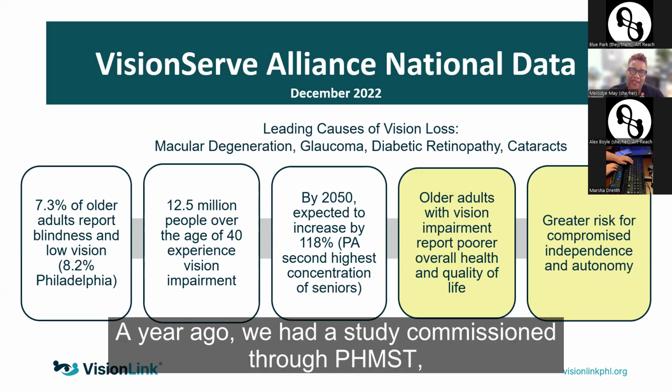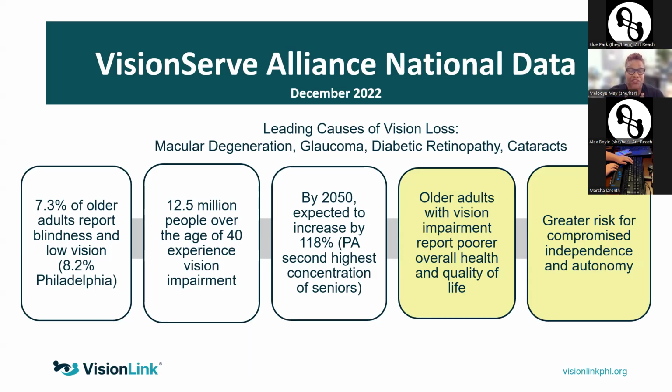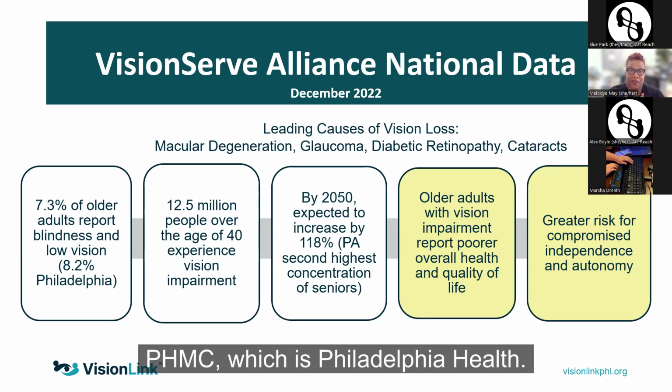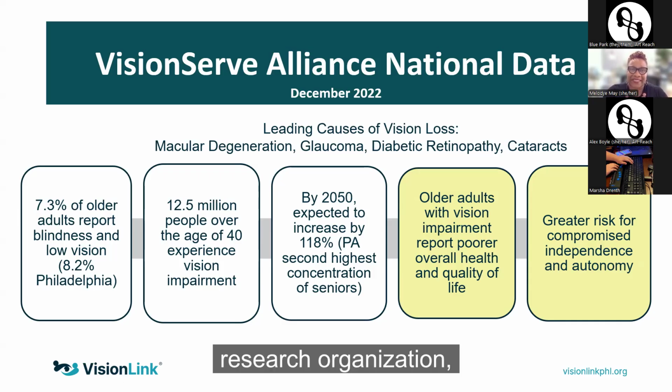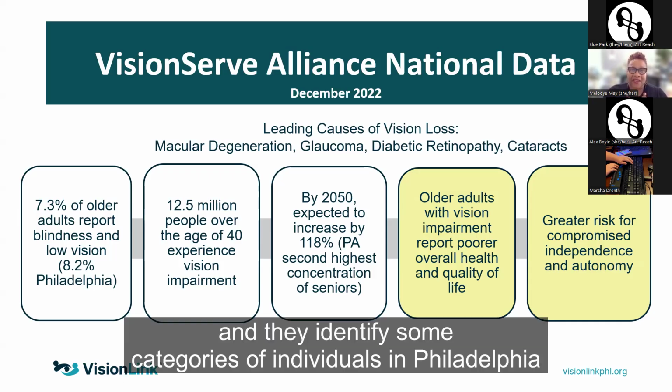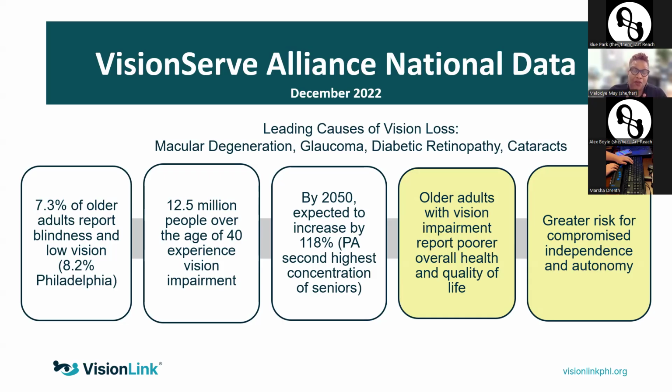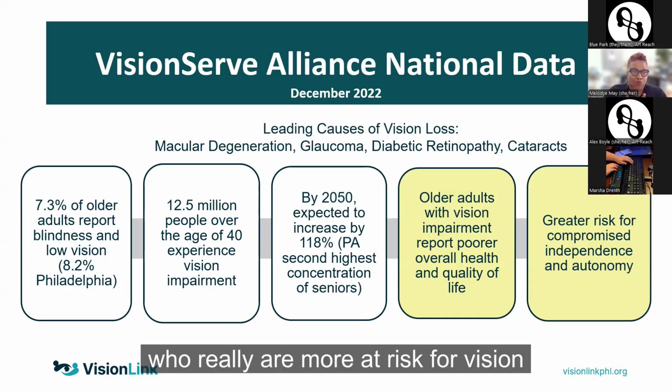A year ago, we had a study commissioned through PHMC. PHMC was just Philadelphia Health. I forget the acronym, but it is a health research organization, and they identified some categories of individuals in Philadelphia who really are more at risk for vision loss or are experiencing vision loss.